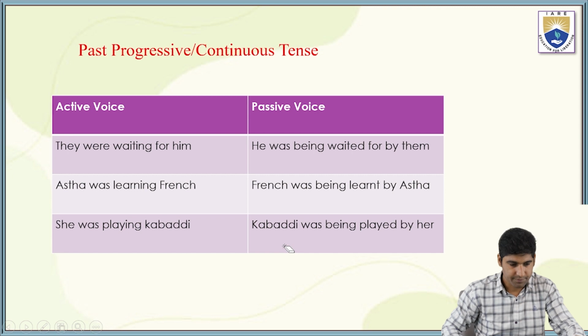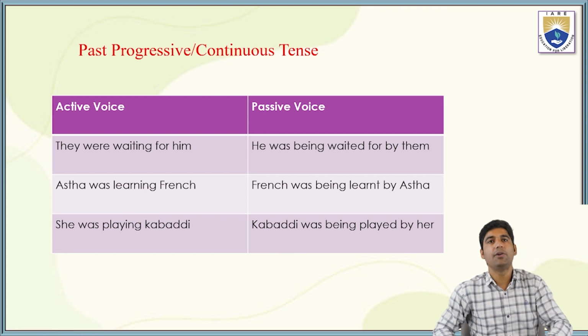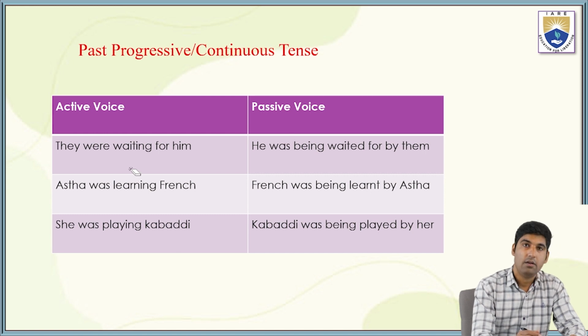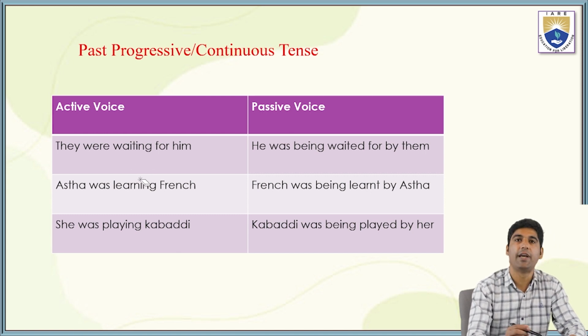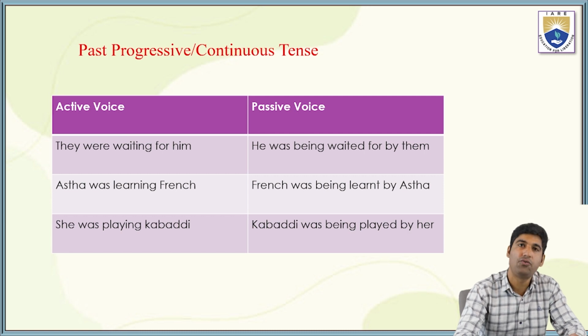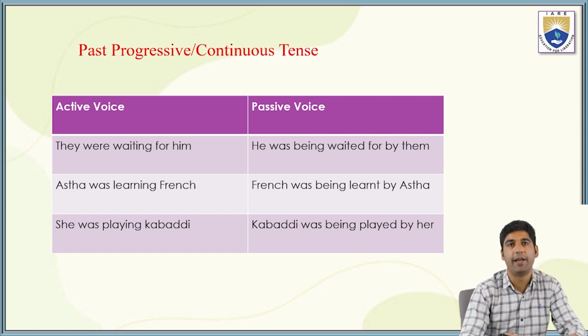Then, past continuous tense. Active voice: they were waiting for him. Past continuous is subject plus was/were plus verb fourth form. They were waiting for him.